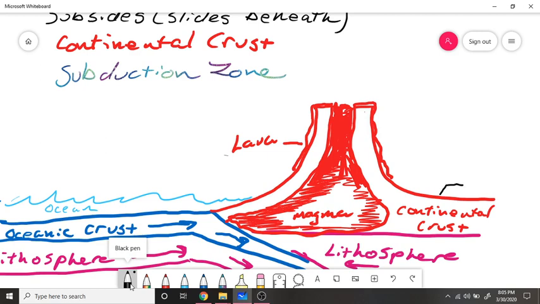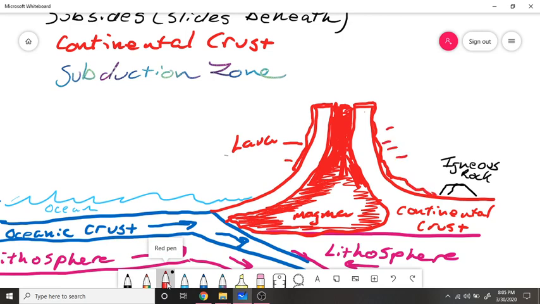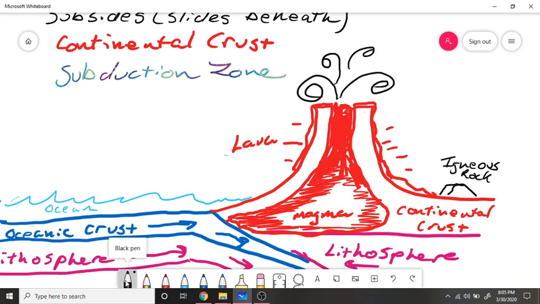Here's my rock, my igneous rock, from the rock cycle. And the lava is coming out, and it's super hot. And then we have our smoke and our steam coming out of the volcano.